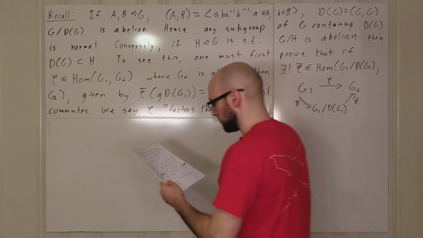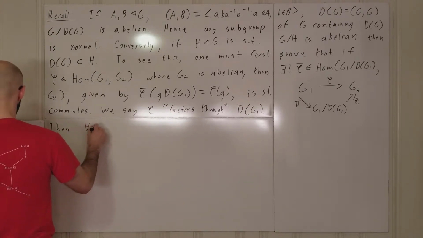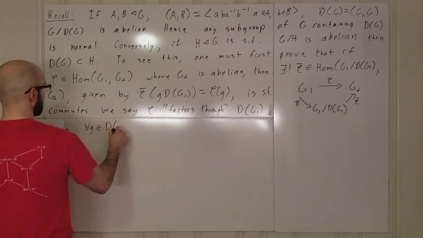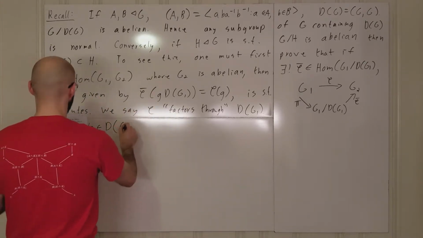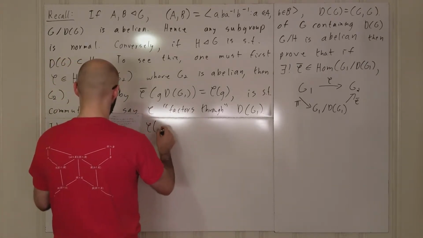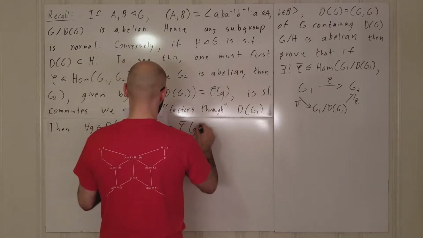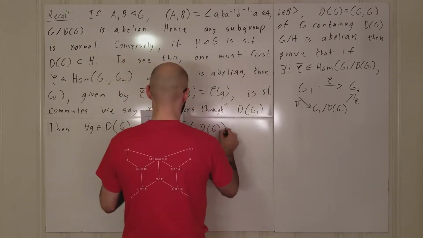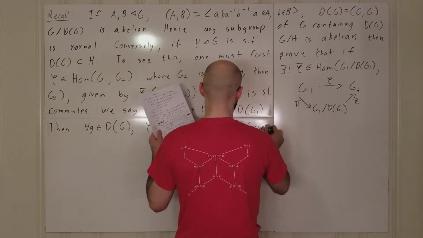Okay, so then for all g in dG, so let's link this back. For all g in dG, phi of g equals phi bar of g dG, which is equal to phi bar of dG.